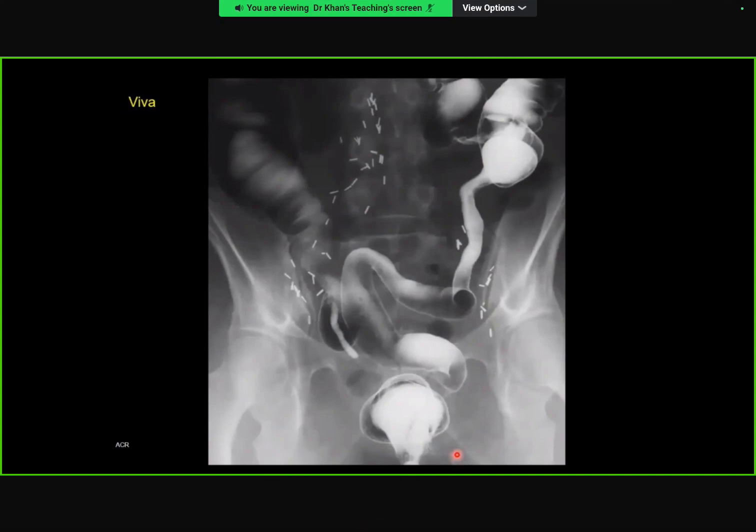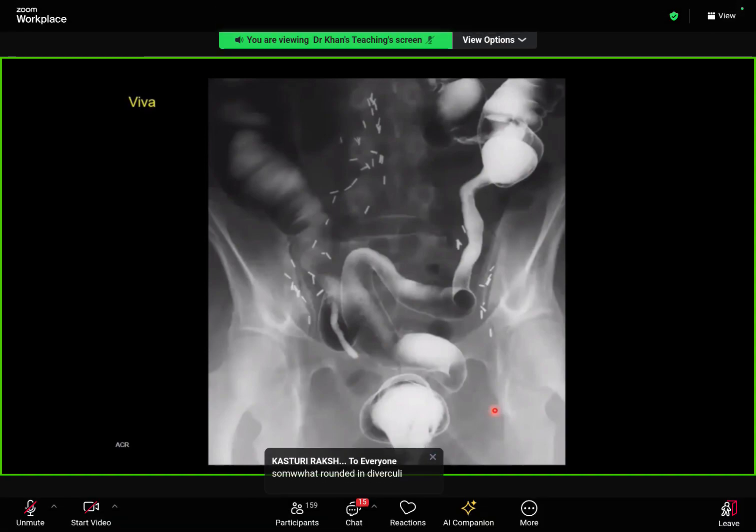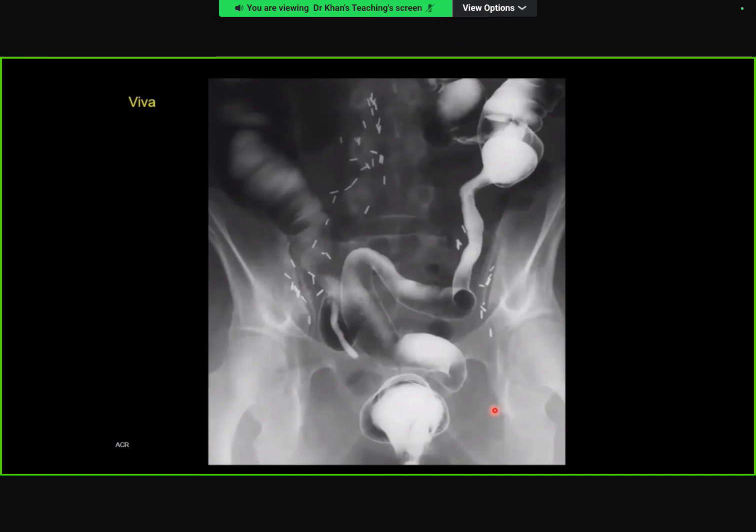Where I can see the sigmoid colon, it's featureless, it's narrowed. There's no fistula or diverticuli that I can see. And so I'm thinking whether this is a stricture which is secondary to post-radiation, or what the patient had for the previous malignancy, which has now been surgically managed, and the patient's having radiotherapy.